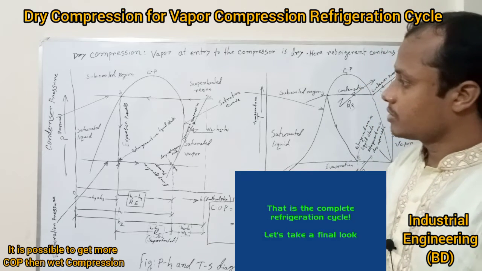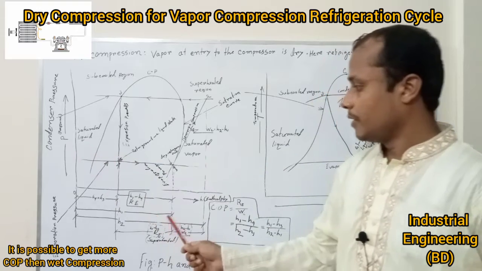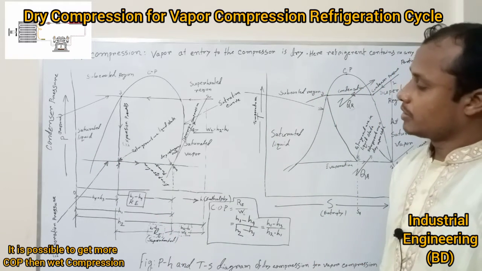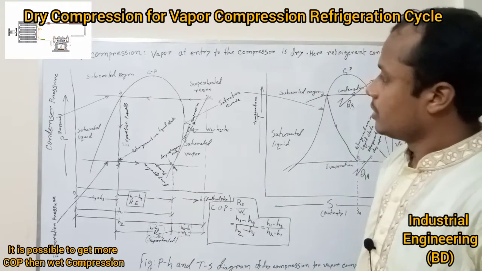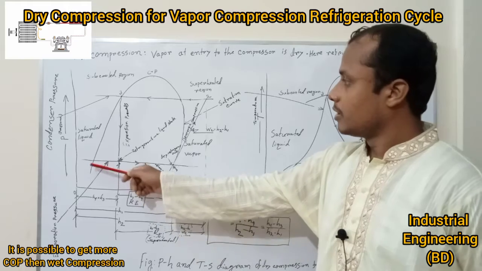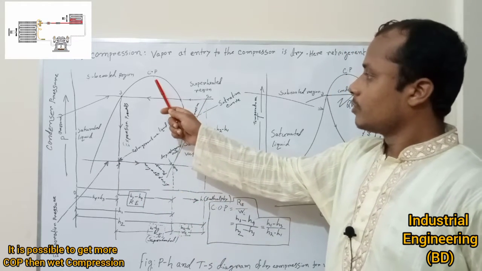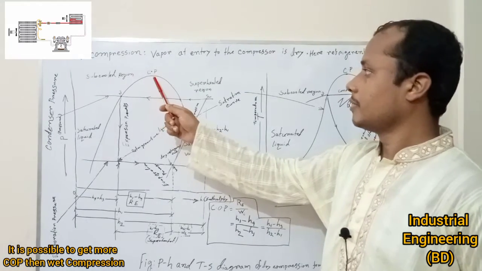Now I will discuss this process from pressure enthalpy and temperature entropy diagram. First I discuss pressure enthalpy diagram. So in this pressure enthalpy diagram, here is the saturation curve. The top of this saturation curve is the critical point.